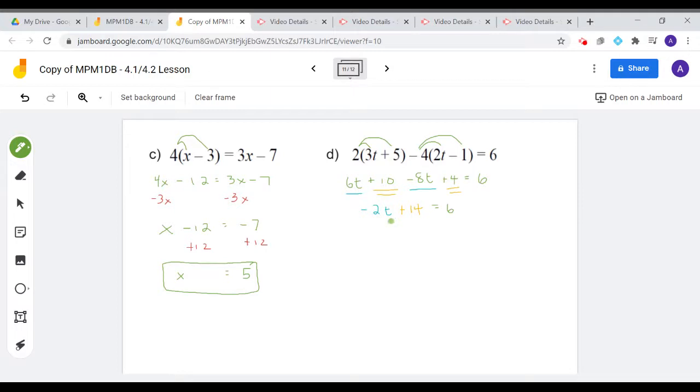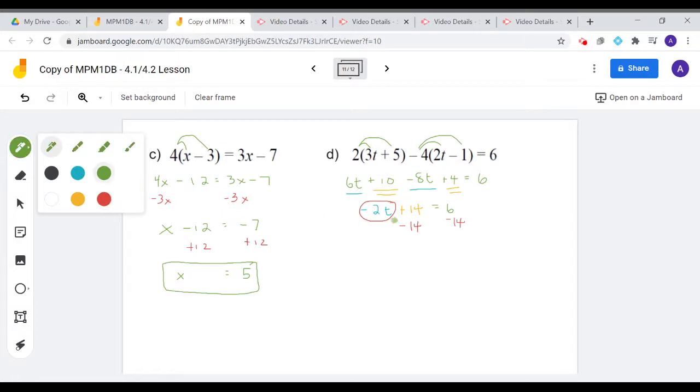My next step is to try and get t by itself. So I know I want to isolate, I want to try and get this -2t by itself. So I have to do the opposite. Right now 14 is being added to -2t. If I want to get rid of adding 14, I'm going to subtract 14. But if I do it to the left-hand side, I also have to do it to the right-hand side.